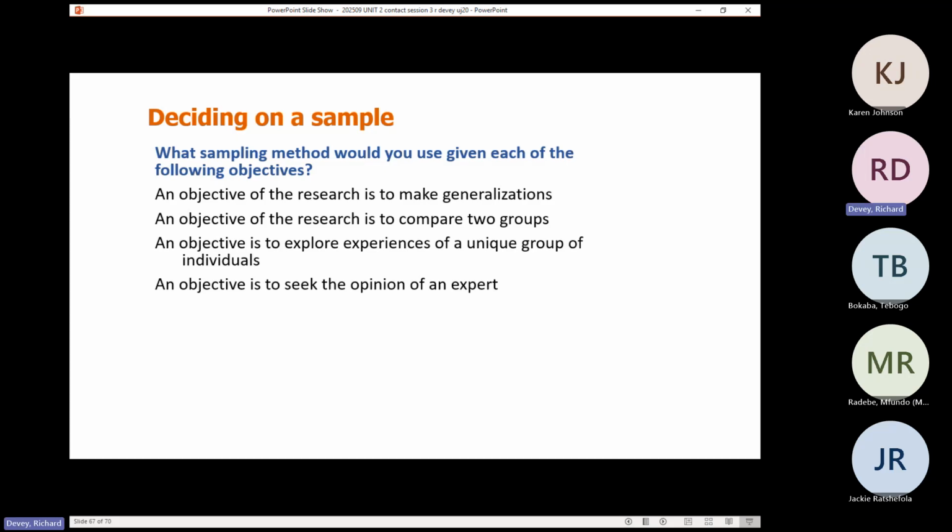Anybody else have a suggestion for that? I was going to say stratified sampling, and the quota sampling. The quota sampling would be acceptable if the probability sampling is not suitable or is not possible.